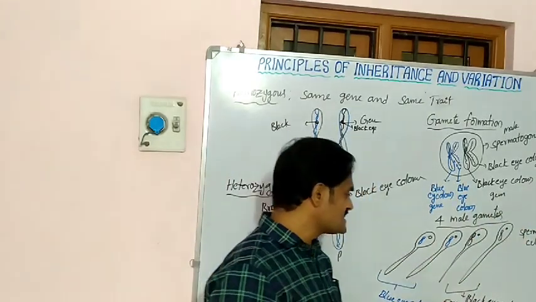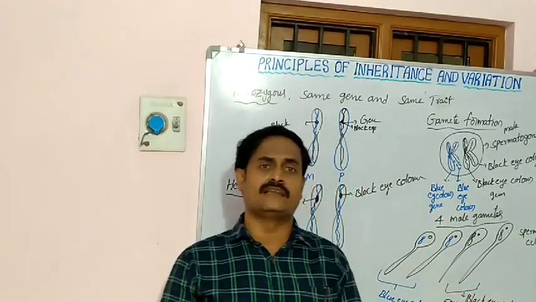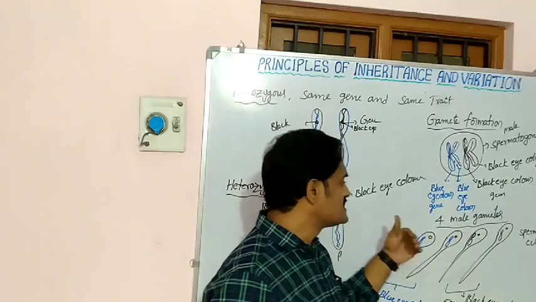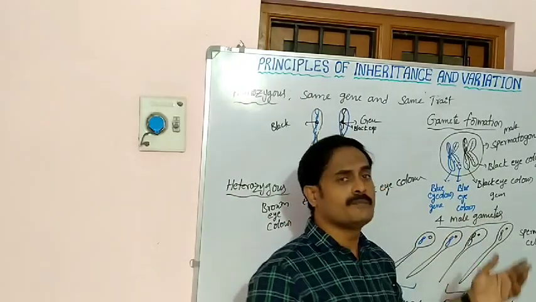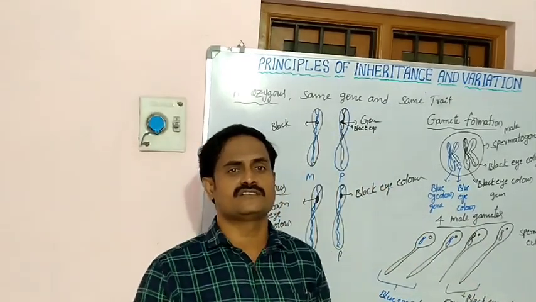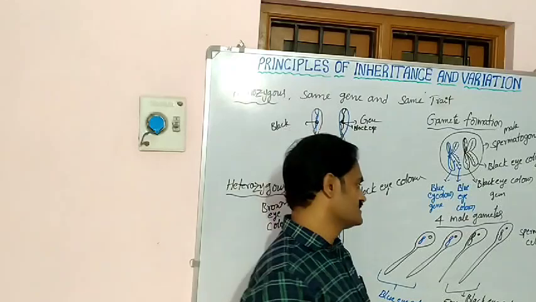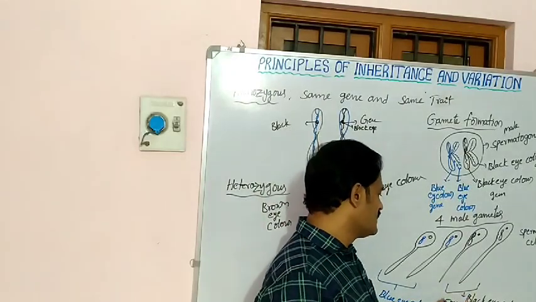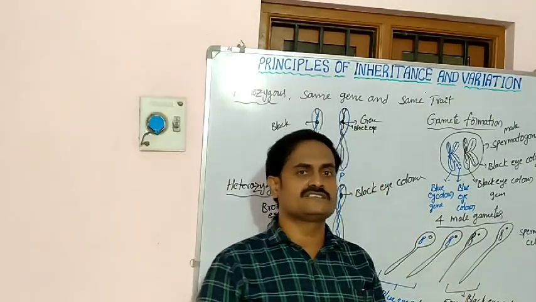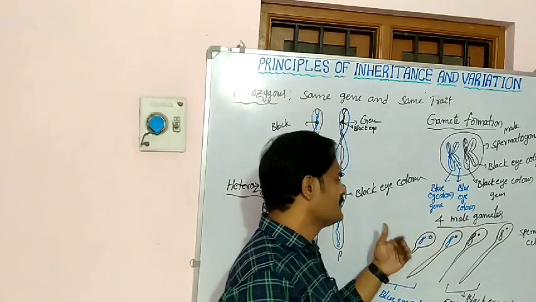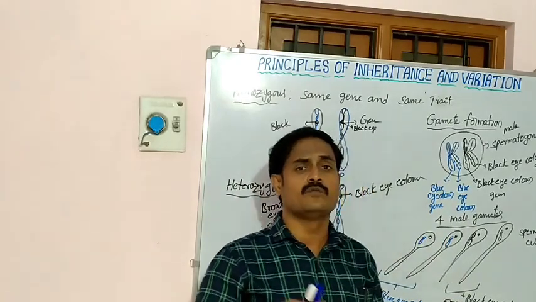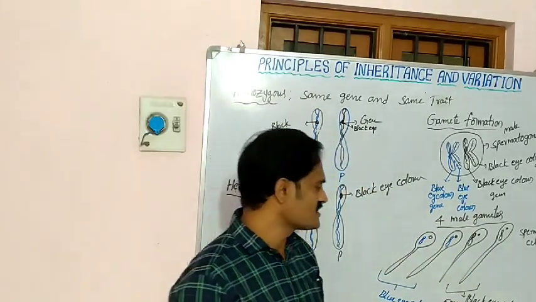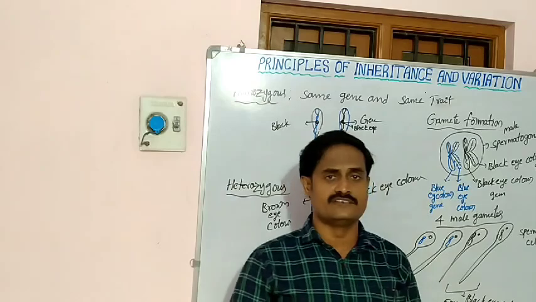This kind of variation helps us see many evolutions in upcoming generations. This is the major importance we see in the upcoming organisms. They have more evolution, so these are responsible for evolution.